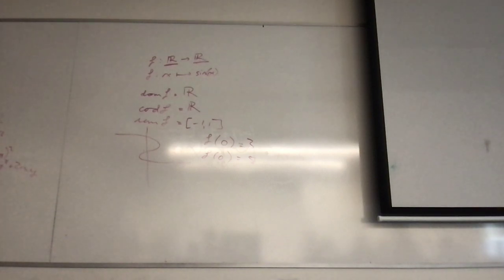You use the foiling, expanding stuff. If I consider the other side, f of x plus f of y, that's just x squared plus y squared. So they're close, except this one has that extra 2xy, right? Which means it's not linear. They'd have to be the same. They're not the same, so it's not linear. It's not additive, right?